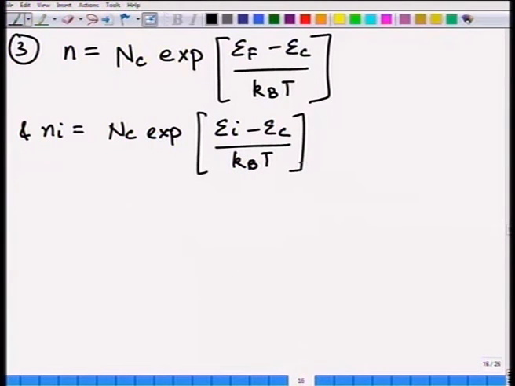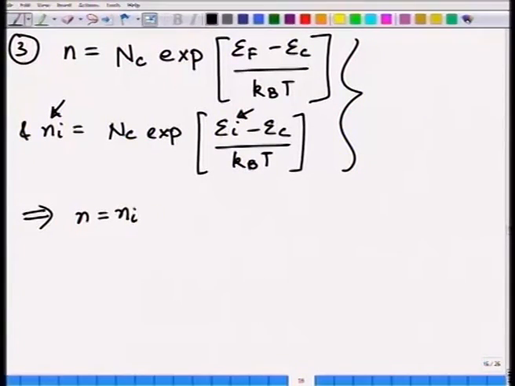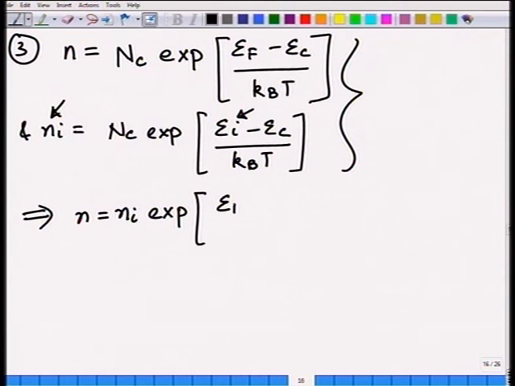Remember, when the Fermi energy is Ei, then the electron concentration is Ni. These two equations imply that I can write N equal to Ni times e to the power (Ef minus Ei) by kBT in general.